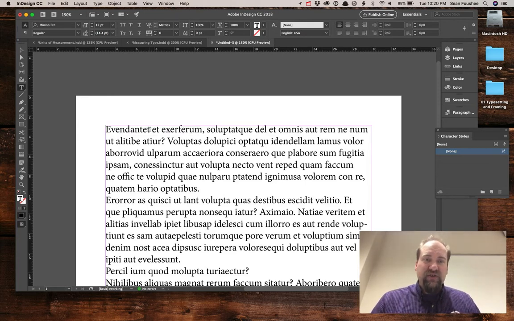So even this space between these two words would be considered a character. So when we measure our line of text, we want to make sure that the measure length allows for a certain number of characters that is considered an ideal amount.